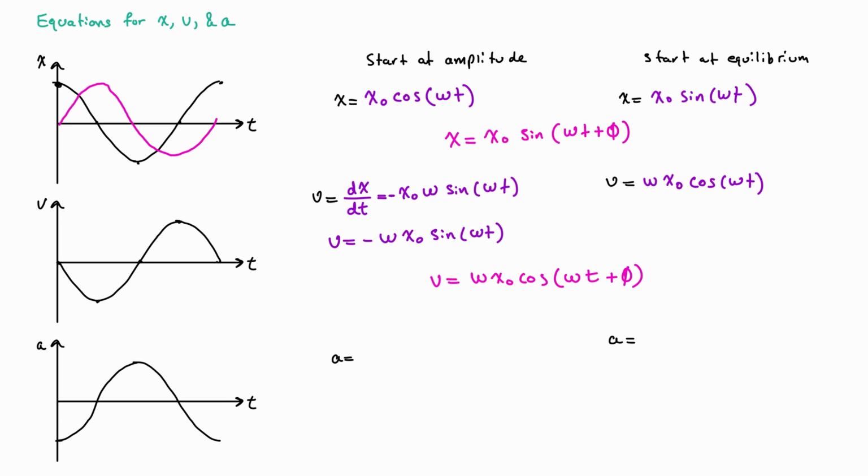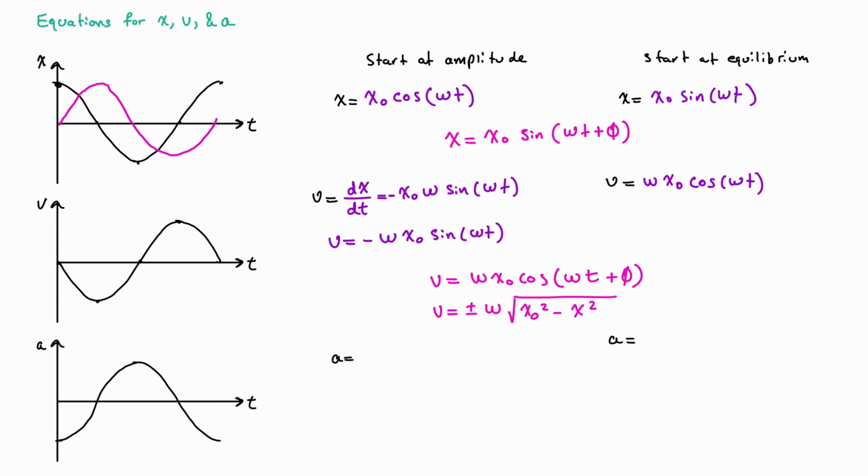There's also a very clever math that we can do. Maybe I'll cover it at the end of this video for anybody who's interested, where we can combine this equation and this equation together and apply some very interesting math to get that the speed is equal to plus or minus the angular velocity, or 2 pi over T, multiplied by the square root of the amplitude squared minus the position squared.